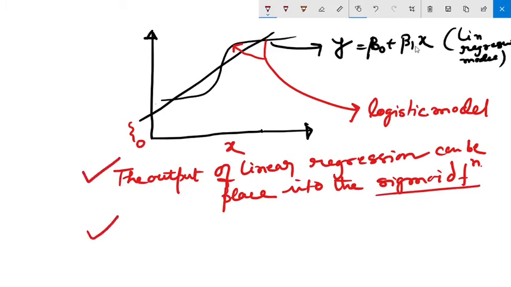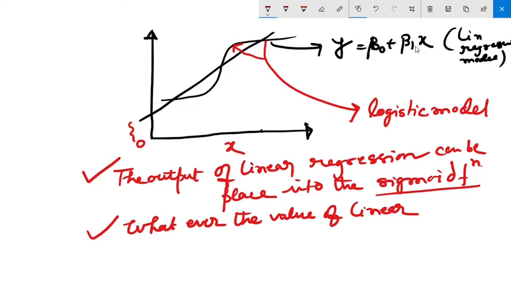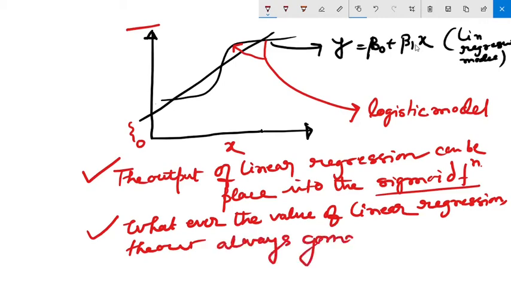So second point is, whatever the value of the linear regression, the output is always going to be within the logistic model, that means within 0 to 1.